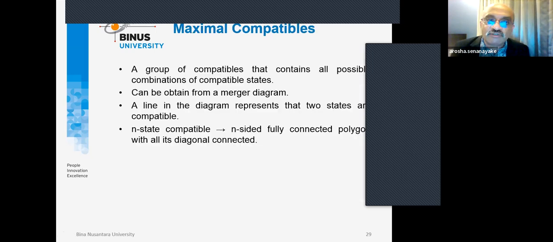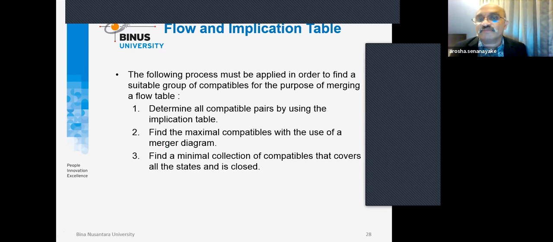After you connect using lines, we have to find the minimal collection of compatibles that covers all the states and is closed. Very important: minimal collection of compatibles. Minimal, not maximum.